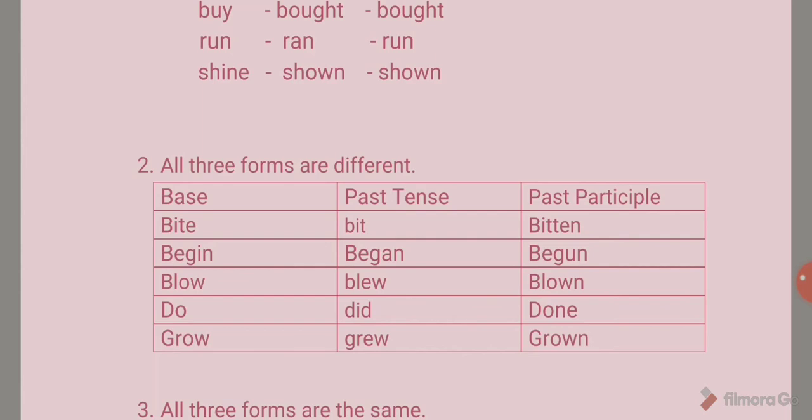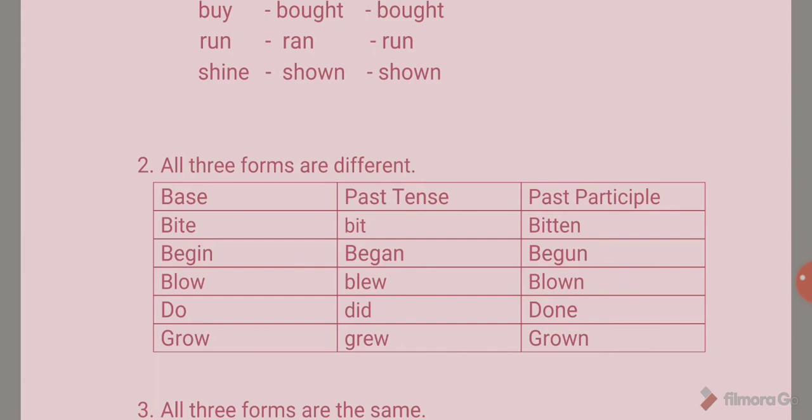So there are three different forms of the verb: the base form, the past tense and the past participle. Begin changes to began in the past tense and begun in the past participle.